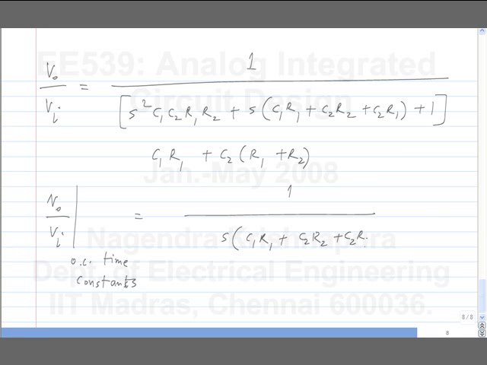Okay. So it's like neglecting the higher order terms in the transfer function. In many cases it is a reasonable approximation, but clearly this is a second order transfer function and this is a first order transfer function.